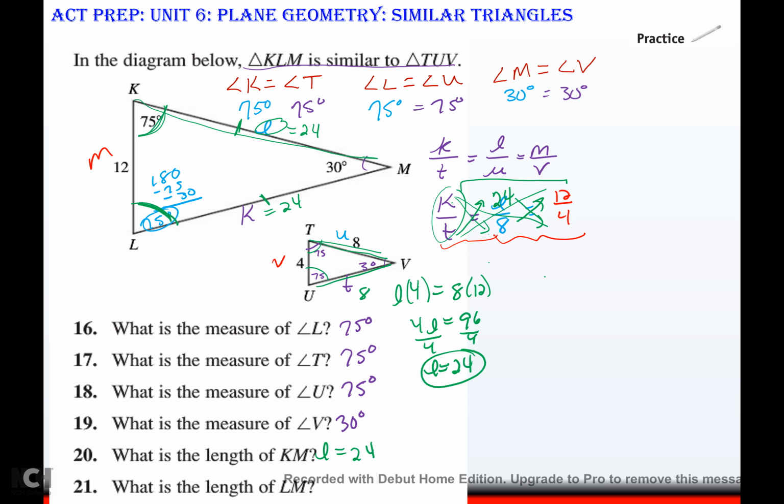So little k has to be 24, and little t has to be 8. And what are they wanting? They want LM. LM is this side, which is k. So they want k, which is 24. Cool?